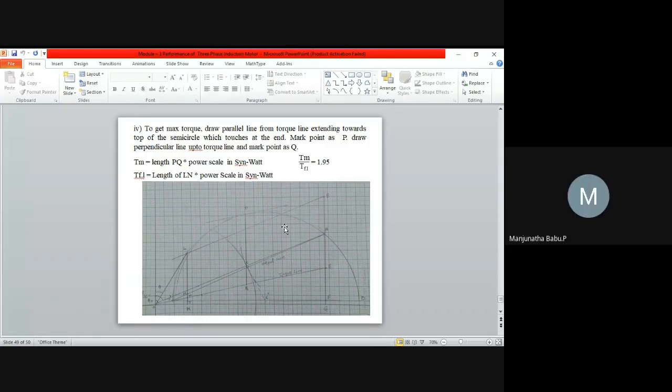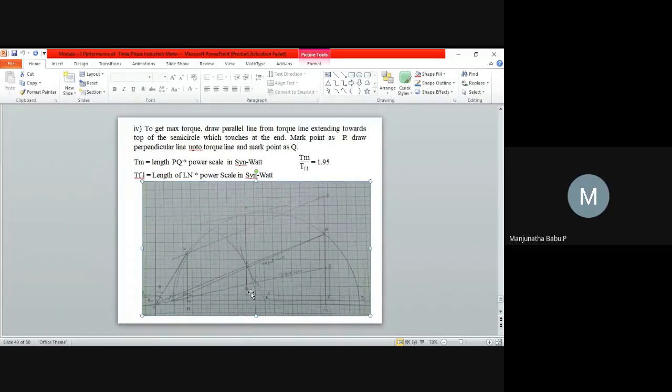Done? Yes, sir. Now from point P, draw a vertical, that is a perpendicular line, which touches the torque line, and mark that point as Q. As shown in the graph, draw a perpendicular line from P till the torque line, and mark that as point Q. Completed?